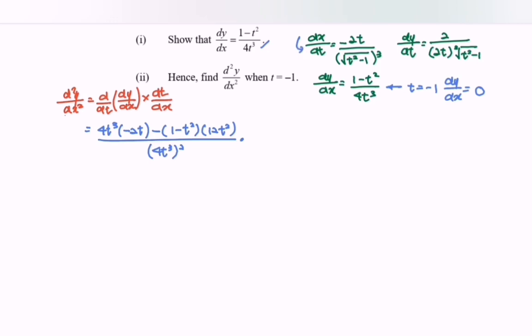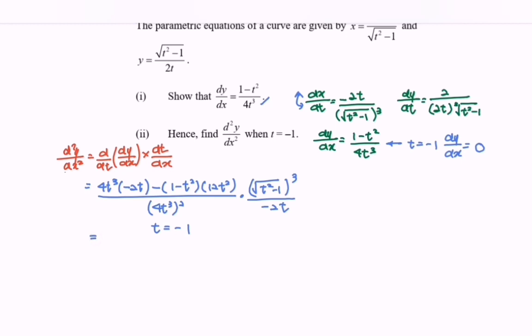Focus on this part, we have (the square root of t squared minus 1) to the power of 3 over negative 2t. So kindly substitute the expression. If we substitute t equals negative 1, in here we have 4(negative 1)(2) minus (1 minus 1), multiplied with 12 over (4 times (negative 1) cubed) squared.